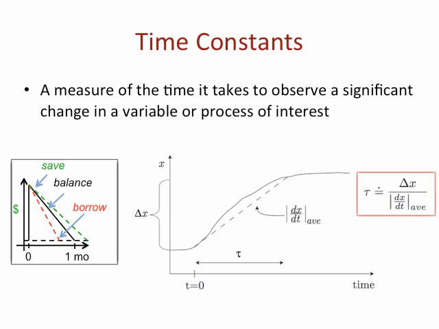Let me give you one example of a time constant that is important to all of us in our lives. And that relates to balancing a checkbook. In this case, the time constant is 1 month, and we may get our paycheck into our checking account every month. Then we have rate of use of this cash.